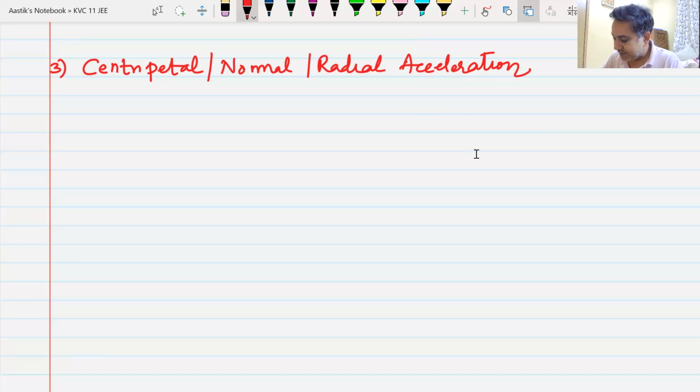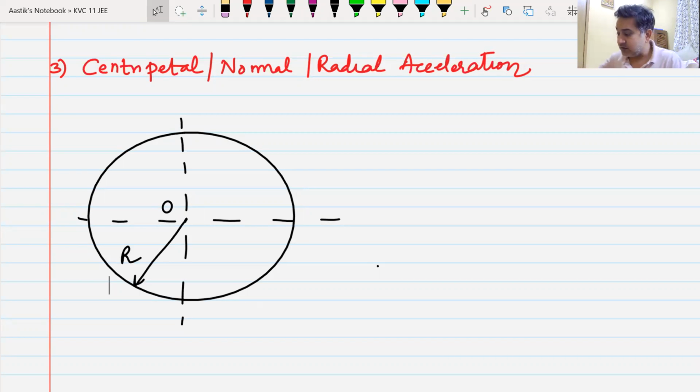Again, I come back to my diagram. I have my center O and radius R. This gentleman is rotating, moving in a circular path, with Vt, the tangential velocity. It may or may not have tangential acceleration, but it always has one acceleration, which is pointed towards the center.